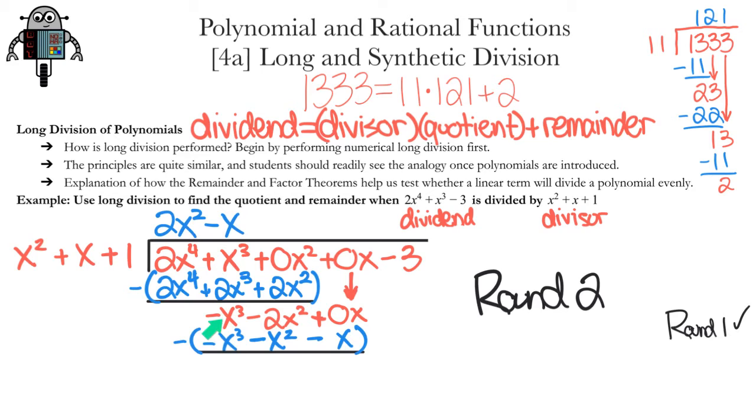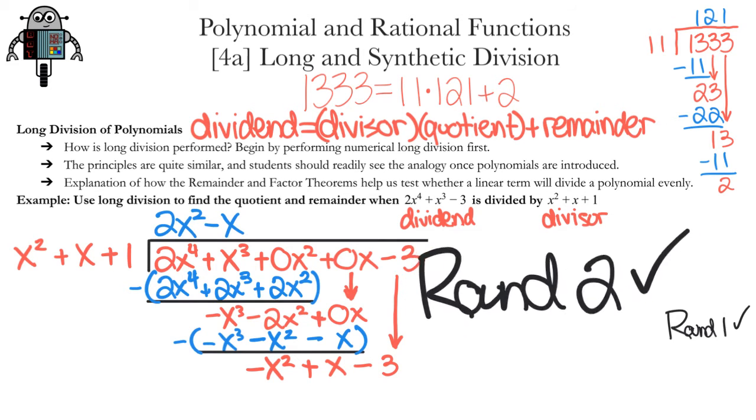So we get negative x cubed minus a negative x cubed, which is adding an x cubed. So we get 0, but we don't write it. And negative 2x squared minus a negative x squared is a negative x squared. 0x minus a negative x is a positive x. Then we drop that negative 3 down. That is the second iteration.